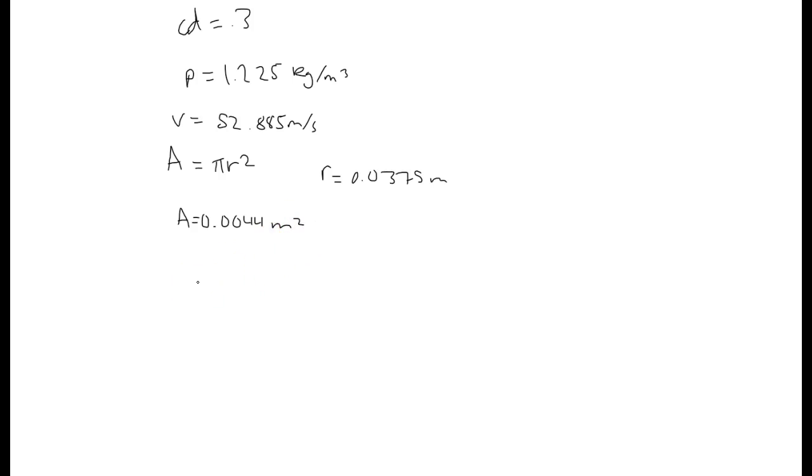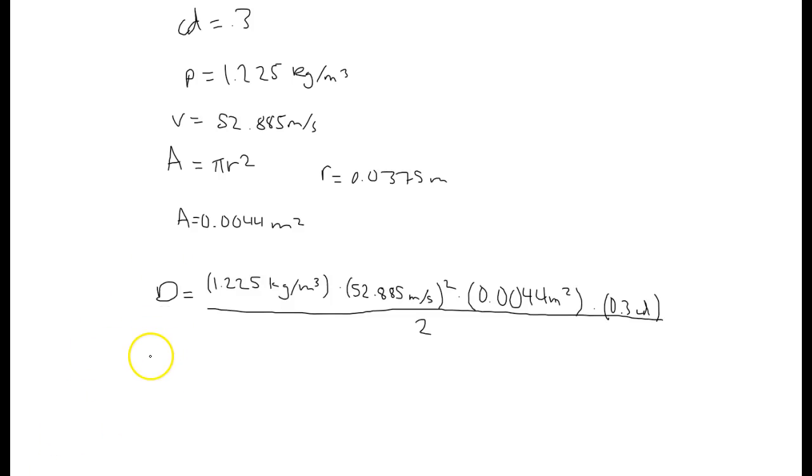Next I'm going to plug these numbers into the equation. I'm going to do that off screen just to save some time. Once you put the numbers into the calculator, you will get the answer of 4.522 newtons.